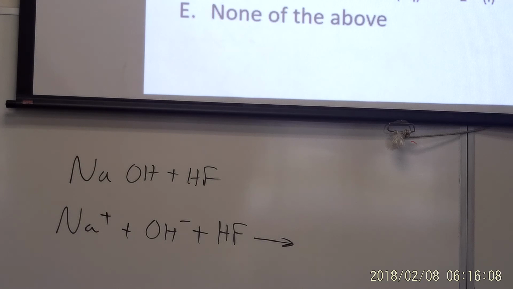Because wait, this never was like that, right? It was only HF. So therefore, it was different. It did change, right? So it separated and then came back together because it's a weak acid? Because it's a weak acid, it doesn't dissociate significantly, but the base, the hydroxide ion, will still take that hydrogen away and form the water.